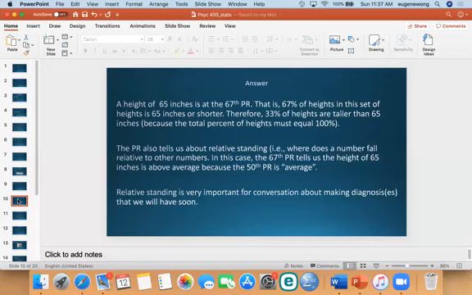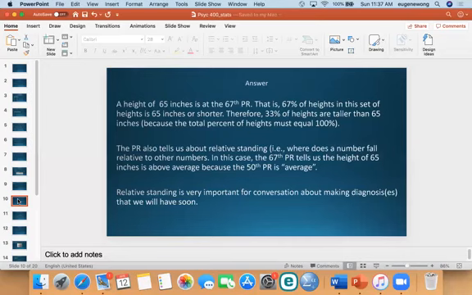Right? The importance of the percentile rank is that it tells us about relative standing. In other words, it tells us where a number falls relative to other numbers. In this case, the 67th percentile rank tells us the height of 65 inches is above average, because the 50th percentile is average.